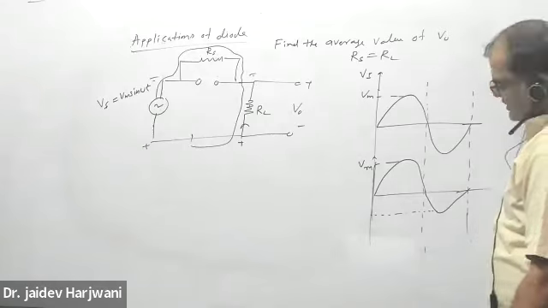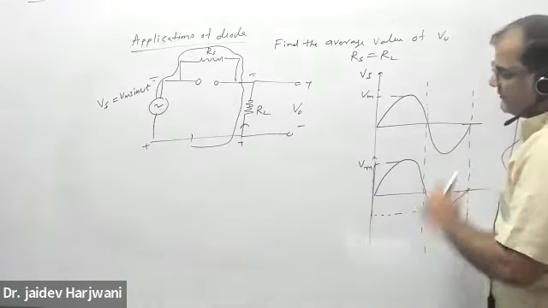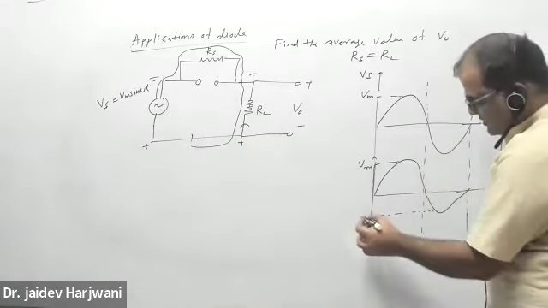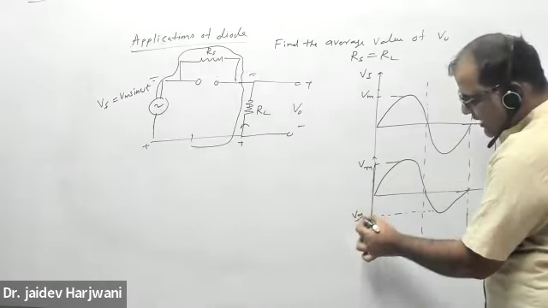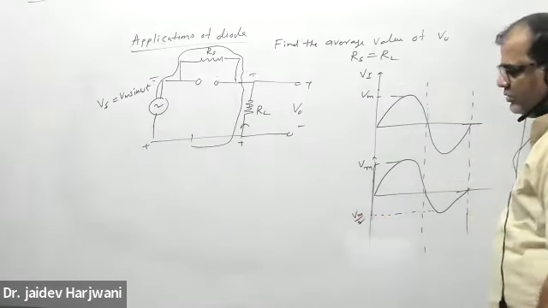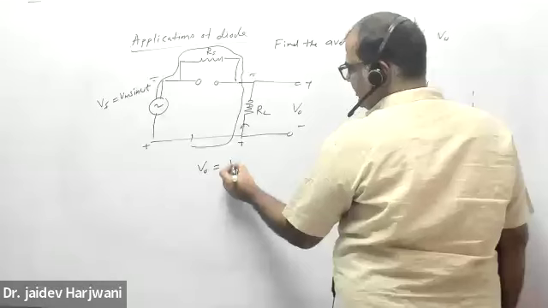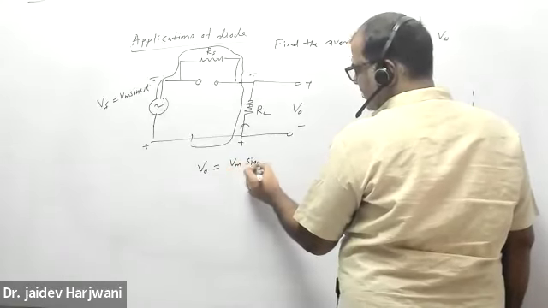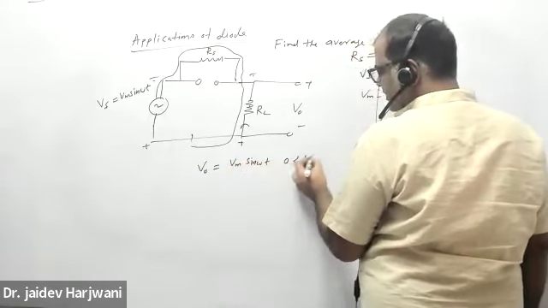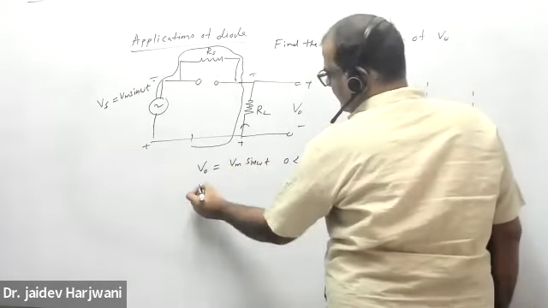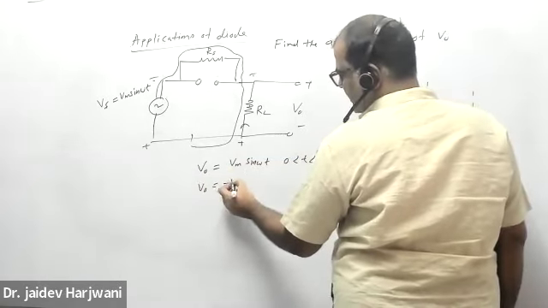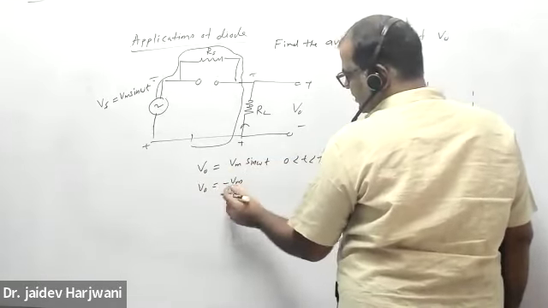So my output is also in this direction, negative direction only. And the value is now Vm by 2. So I can write my V naught is equal to Vm sine omega t for 0 to T by 2, and my V naught is minus Vm by 2.